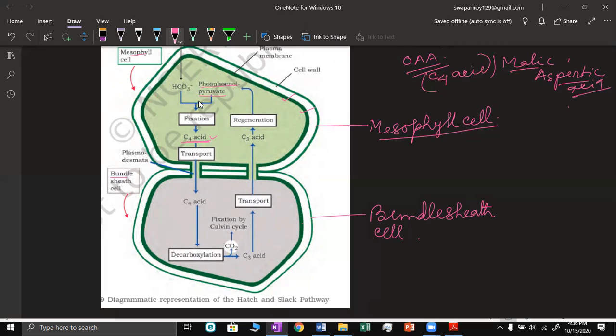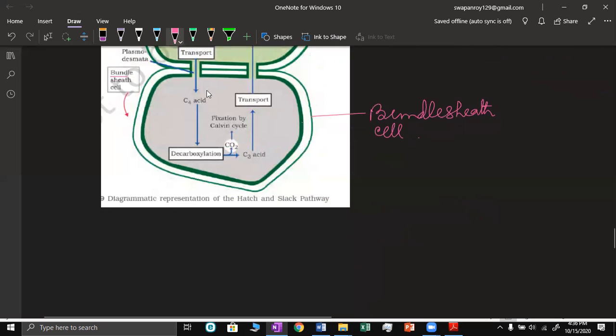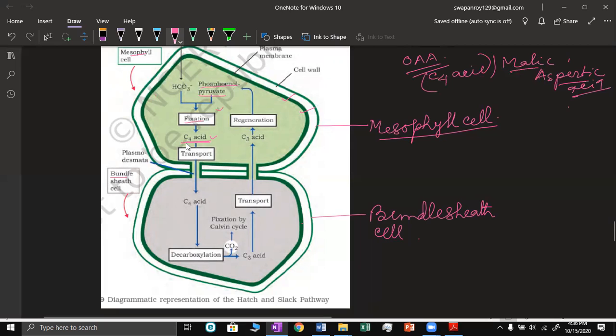So here this phosphoenol pyruvate combined with carbon dioxide in presence of PEP carboxylase. That's written here, the fixation. So that forms the C4 acid. The C4 acid is transported through the plasmodesmata.